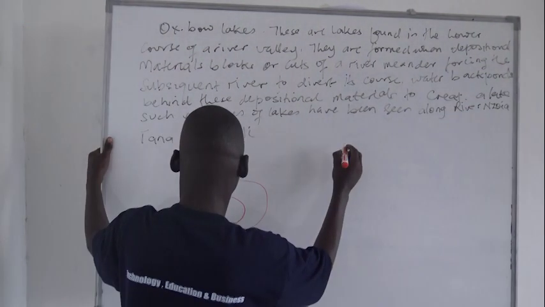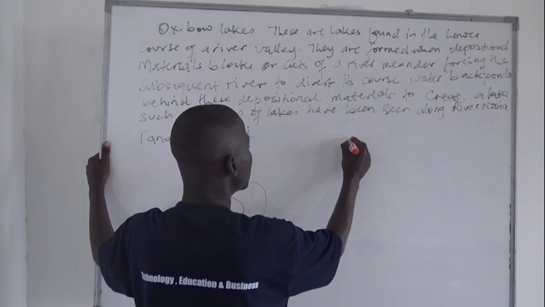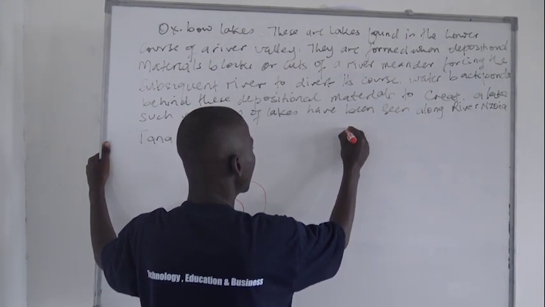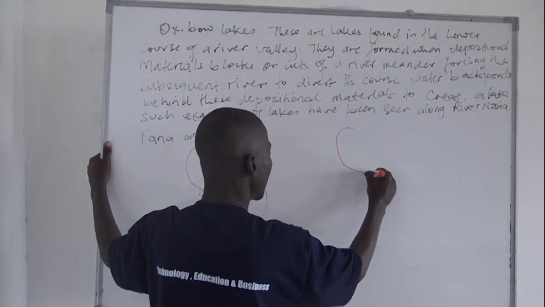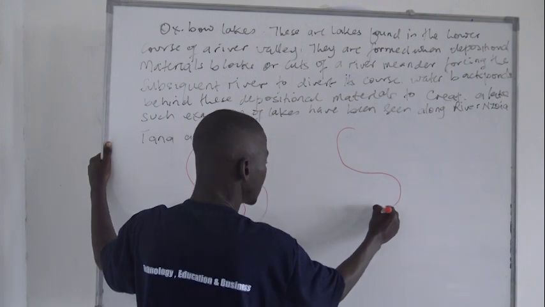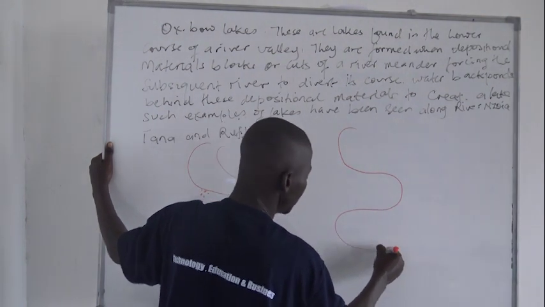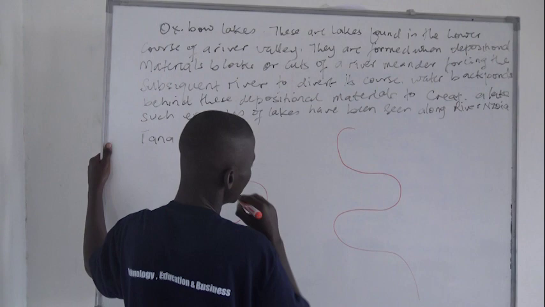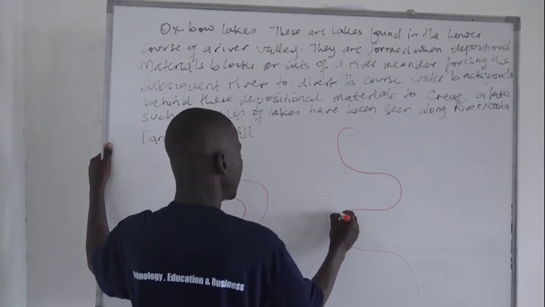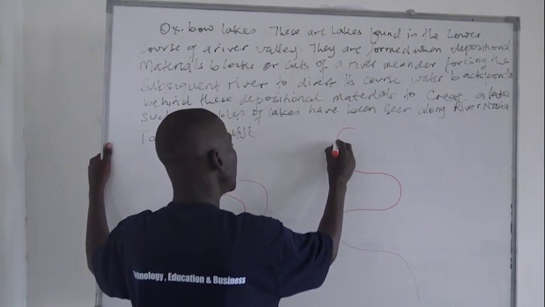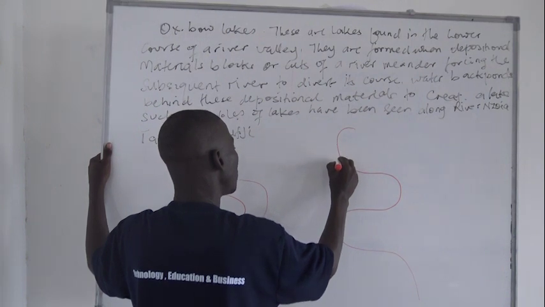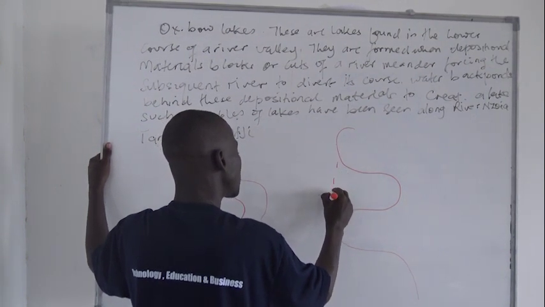And later on, when deposition starts to take place, the river meander is cut off completely, and the river now begins to flow straight.